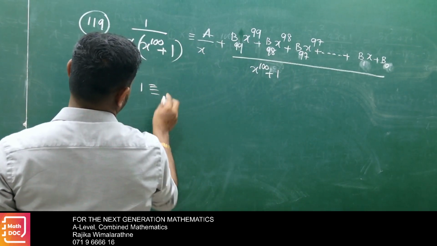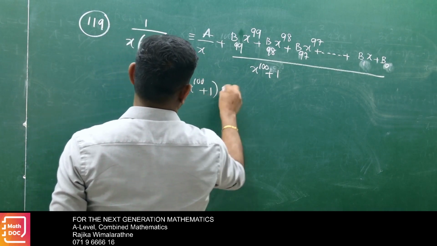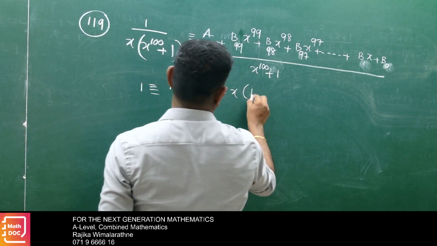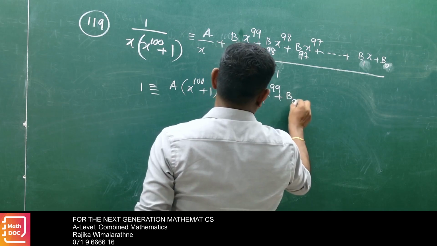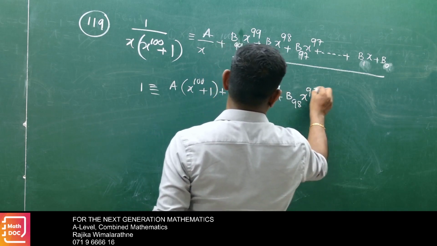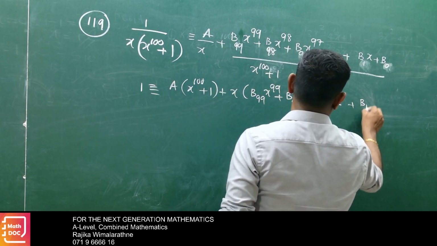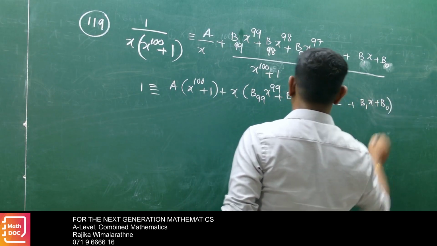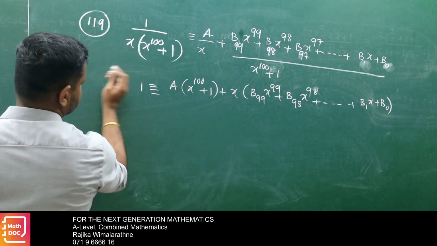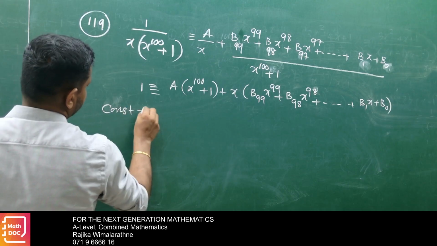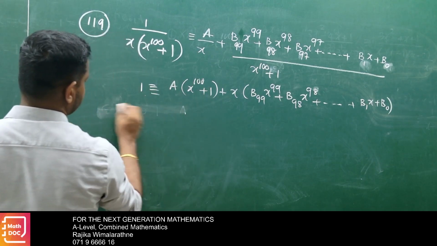Then 1 is identical with a times (x to the power 100 plus 1), plus x times (b99 x to the power 99, b98 x to the power 98, and so on, b1 x plus b0). Now equate coefficients. First the constant: before that, substitute x equals 0.